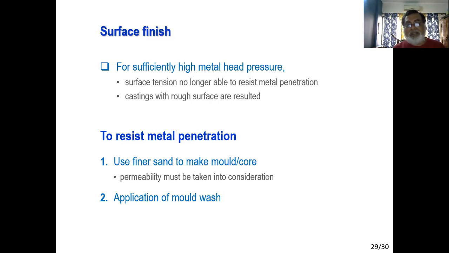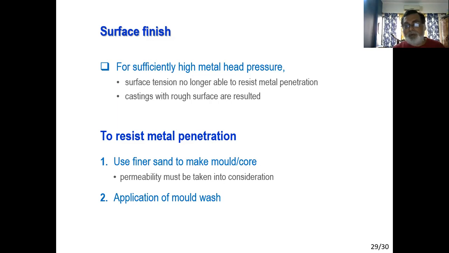If we reduce the size of the sand, permeability will be reduced, so mold gas and the gas inside the liquid metal cannot escape from the mold. As a result, gas defects will be generated. So reducing the size of the sand obviously has a problem.